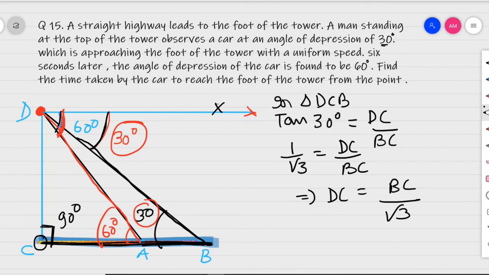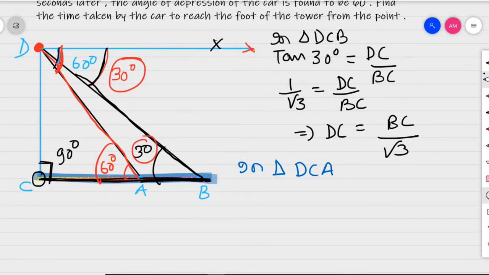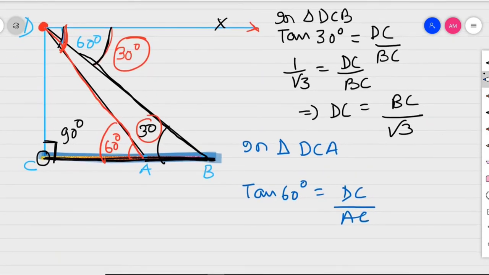Now let us go to the next triangle. In triangle DCA, tan 60 will be equal to DC by AC. Now tan 60 is how much? Tan 60 is root 3.